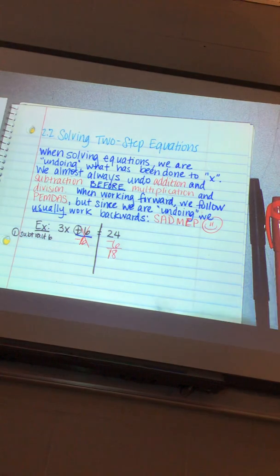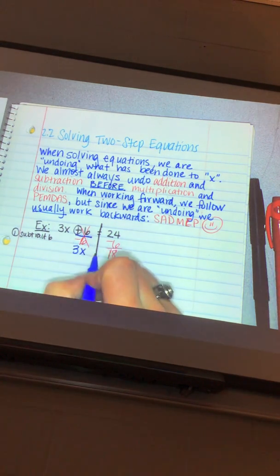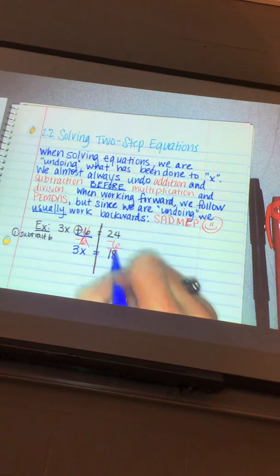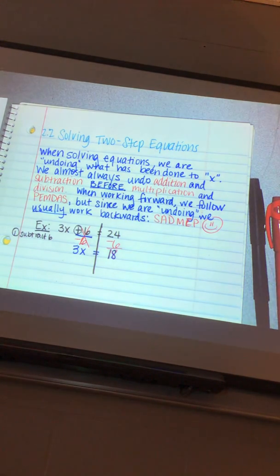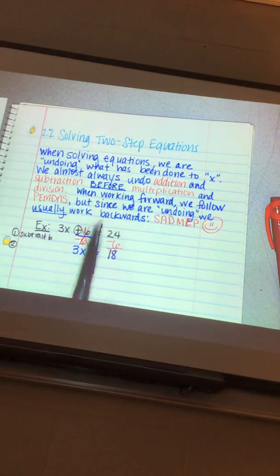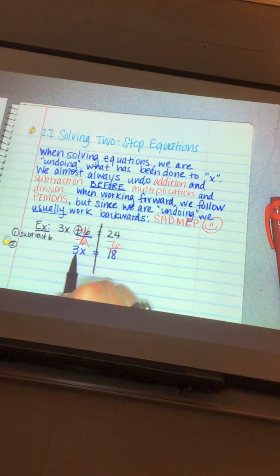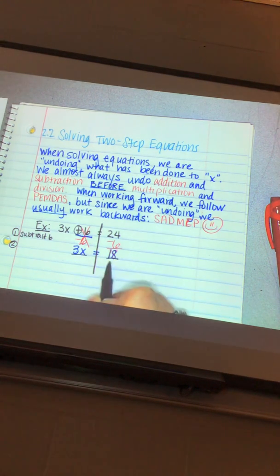All right, so now we're left with 3x equals 18. So this is where your second step comes in. Your second step is to get rid of the multiplication and division. So now we have 3 attached to this x by multiplication. So we want to divide that off to get that 3 off the x and send it over to this side where the numbers are.